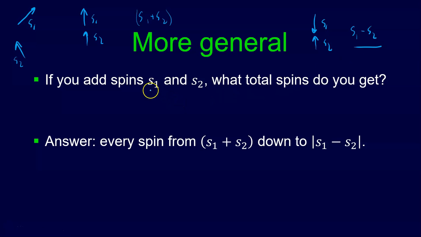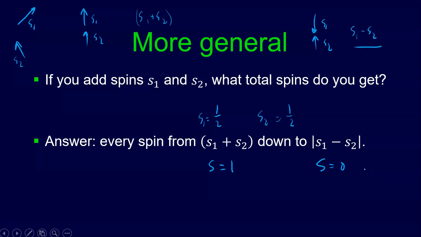And so if we add spins S1 and S2, what total spin do you get? Basically you get every spin from S1 plus S2 down to S1 minus S2 going by integer steps. For instance, in this case, S1 is 1/2 and S2 is 1/2. If we add them up, we get an S total of 1. If we subtract them, we get an S total of 0.